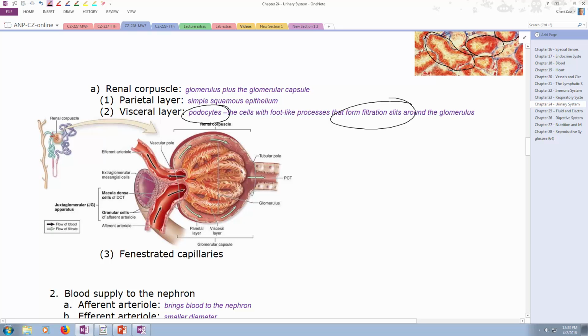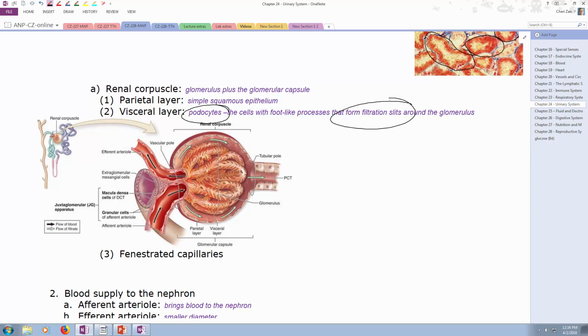around the glomerular capillaries. And so what you have to realize is these glomerular capillaries are under high hydrostatic pressure. And capillaries are simple squamous epithelium, correct? Or endothelium. And we can have tight junctions, we can have fenestrated ones, and we can have sinusoidal capillaries.